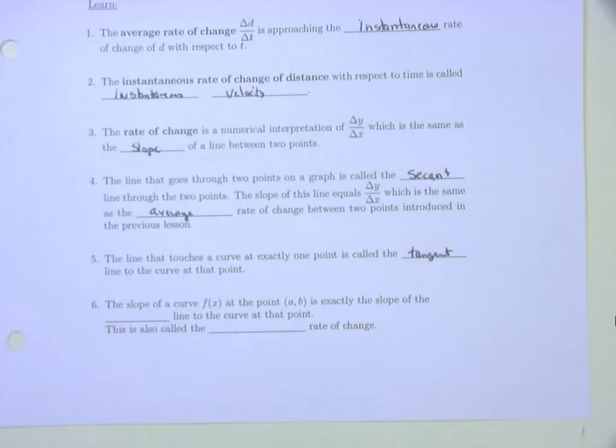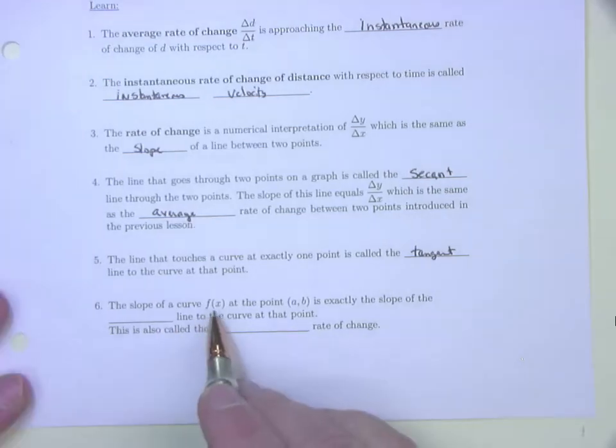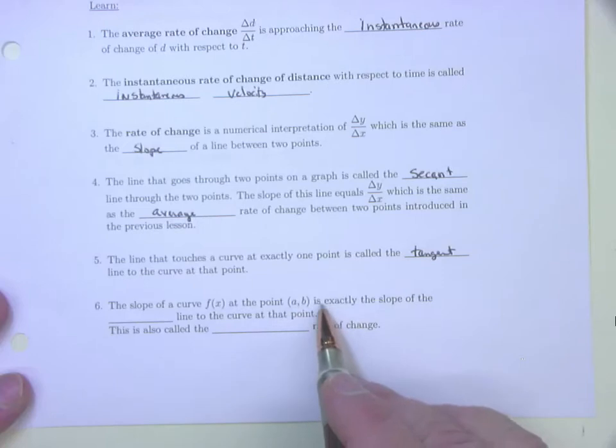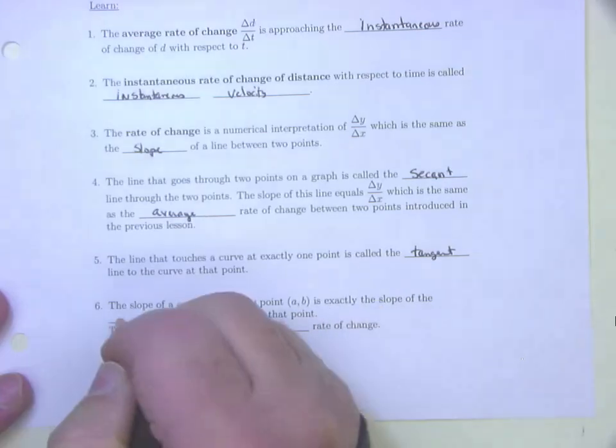Okay? The slope of a curve f of x at the point (a, b) is exactly the slope of the blank line to the curve at that point. What kind of line was it?